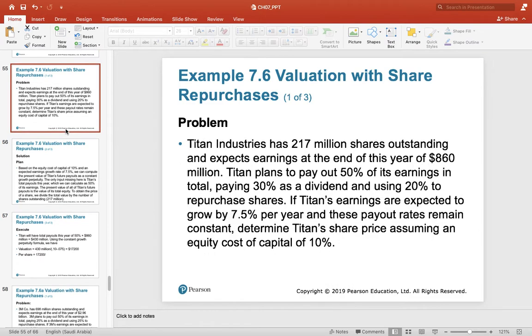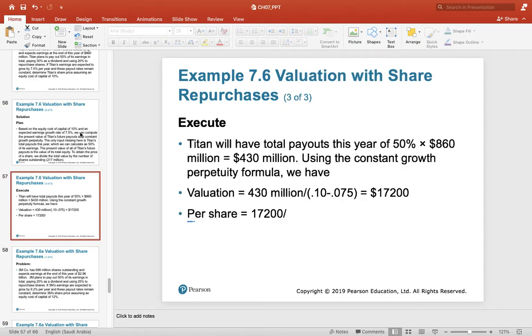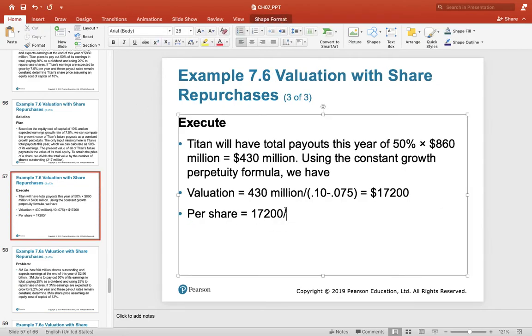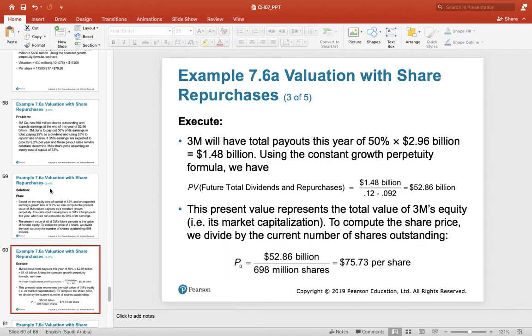The number of shares outstanding is 217 million. 17,200 divided by 217 is equal to 79 per share. The value will be 79.27. This way we make the valuation, and we made a cross check also with the growth.